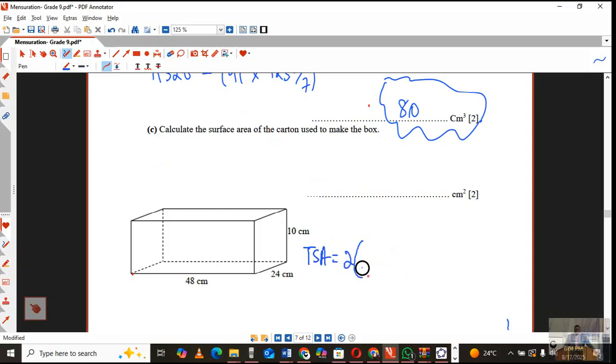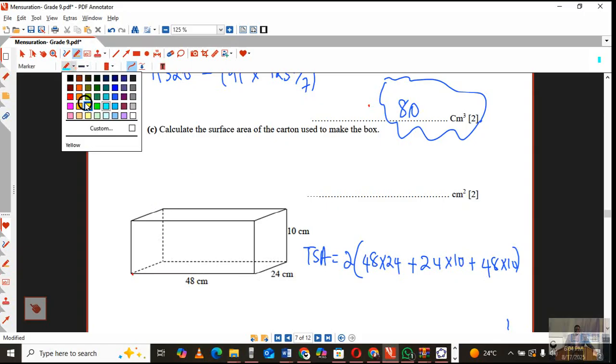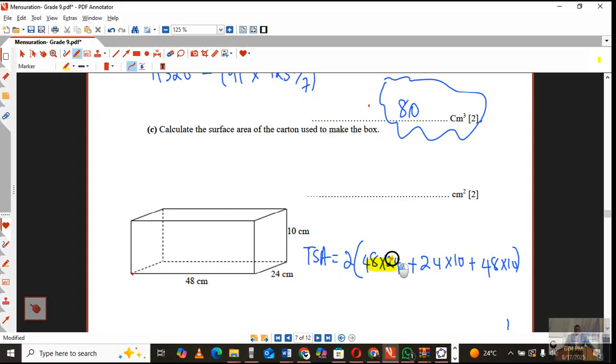That will be two rectangles of 48 times 24, plus two rectangles of 24 times 10. So the one at the bottom, the one at the side, and the one in front to make 48 times 10. If I had to highlight what I was now doing, this one here, 48 times 24, is the rectangle under here.